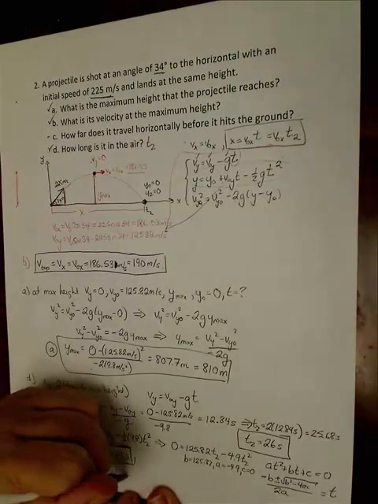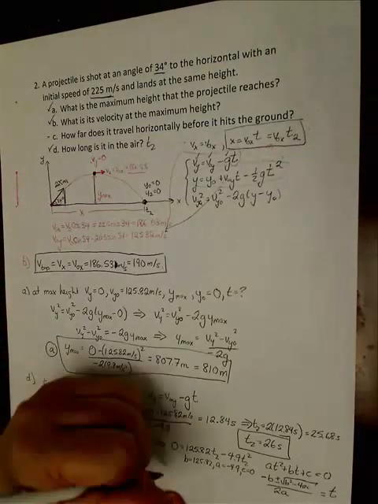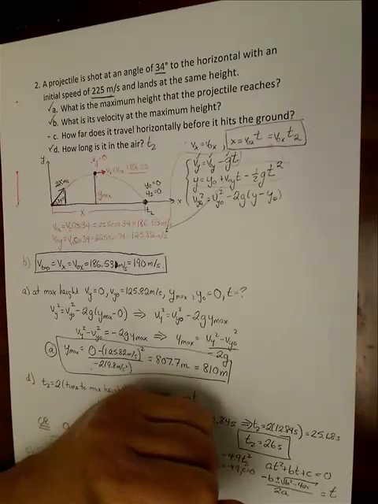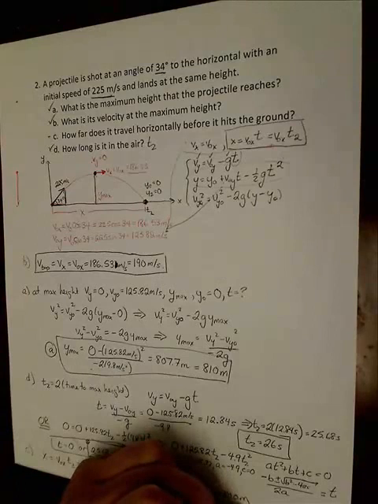And again, I'm not going to round these numbers. You round it at the end. So 25.68 seconds. I get 4,789.63 meters for my range. Round to two significant figures. That's 4,800 meters. So that's about 5 kilometers.